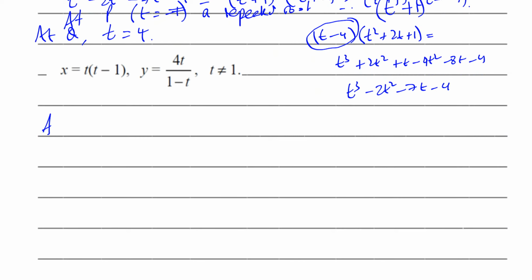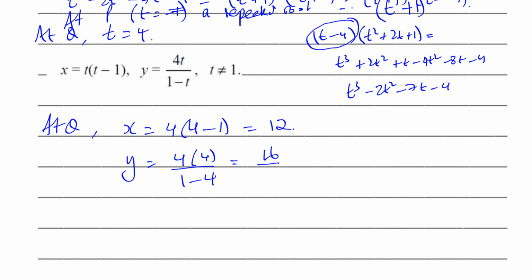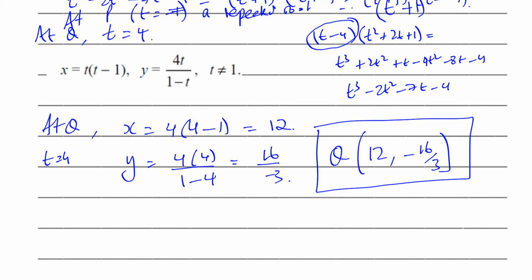So at Q, x is equal to 4 times 4 minus 1, which is 4 times 3, which is 12, and y is equal to 4 times 4 over 1 minus 4, which is 16 over minus 3. So the coordinates of Q are 12 for x and minus 16 over 3 for y. And there's the answer to that question.